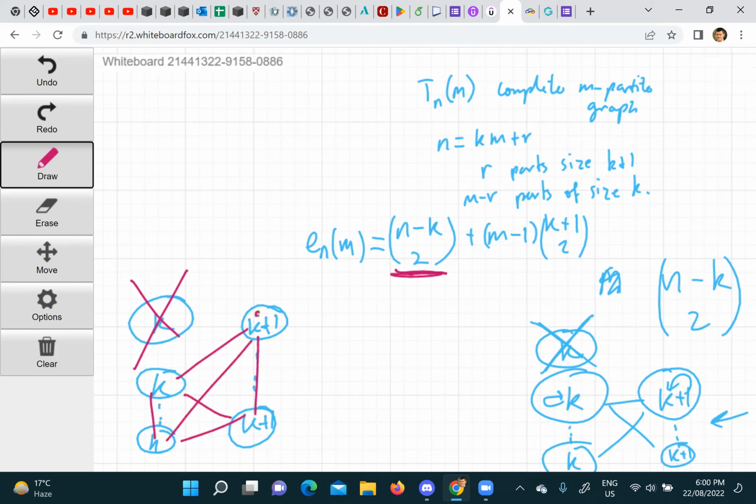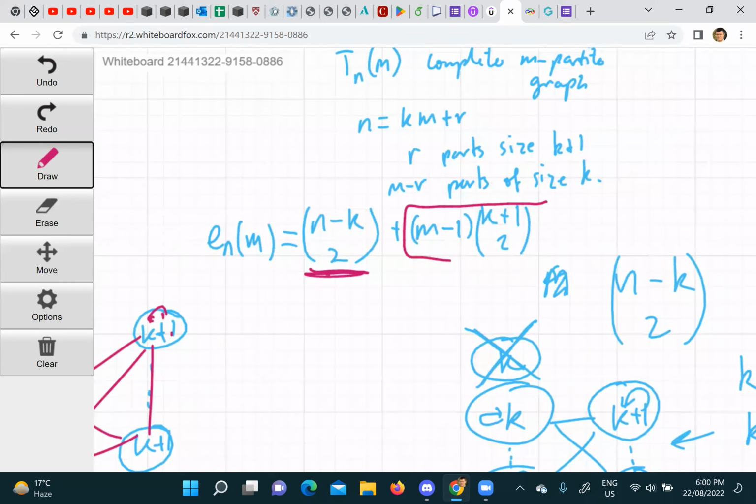So every two vertices are connected now. Okay. So then to get the actual number of edges, you've got to add the connections that go to the deleted part, and you've got to delete the connections that are internal to these other parts. And hopefully when you do that, the difference is this m minus 1 times k plus 1 choose 2.